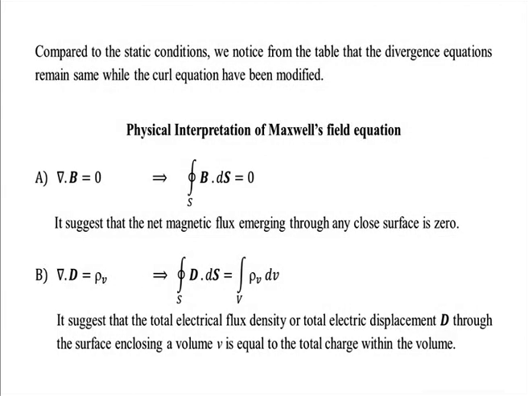The physical interpretation of Maxwell's field equations. Del dot B is equal to 0 indicates that the net magnetic flux emerging through any closed surface is 0. Del dot D is equal to rho V shows that the total electric flux density, or total electric displacement through the surface enclosing a volume V, is equal to the total charge within that volume.